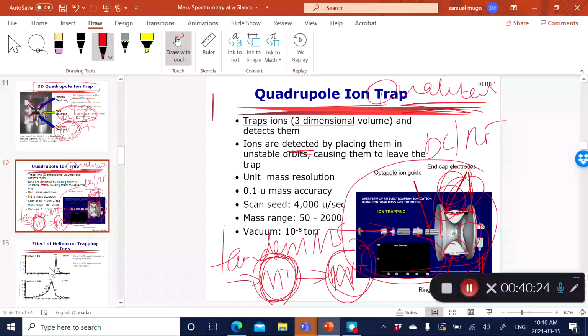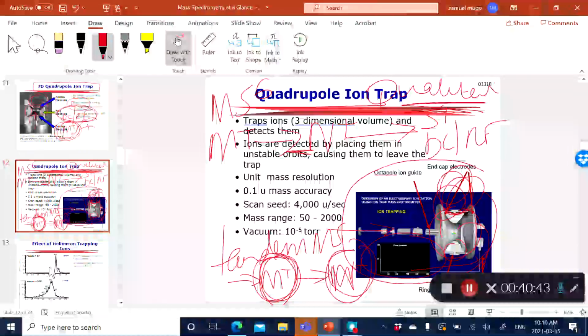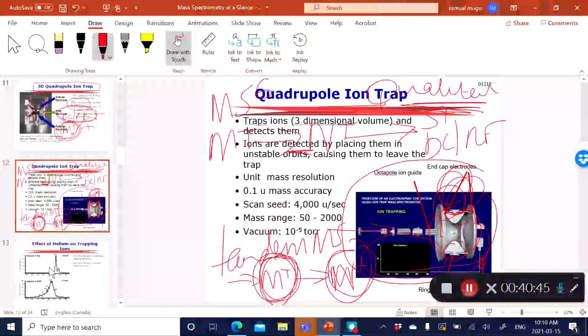So some people say you can do MS up to the 6, meaning I take a daughter ion, M plus, I fragment it maybe to N plus, I fragment these again maybe to S plus, and so on, up to MS to the 6. But of course, with each fragmentation, you also lose sensitivity as well.